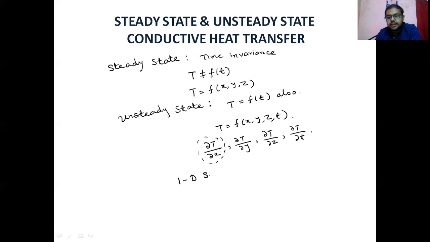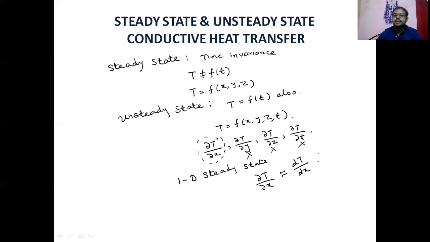Now one-dimensional steady state, if you consider, that means del T del x, which we can write as dT/dx, partial differentiation in the form of ordinary differentiation, because T is only a function of x. It is not a function of y, z, and small t, time.